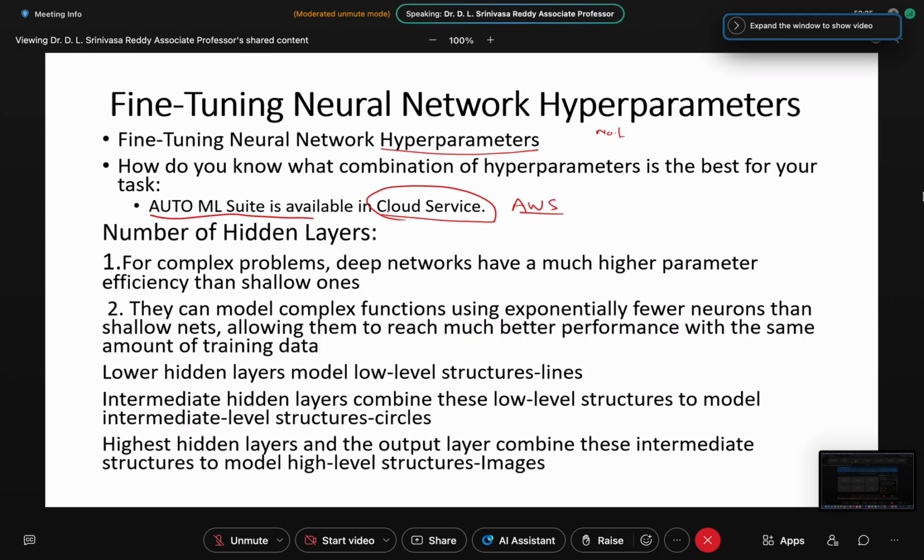So here there is no need for experimenting. If you use this AutoML, you have to pay some money. That AutoML tunes these models using hyperparameter combinations. In preparing a dish, chicken biryani, I told you that the first time salt is increased, second time decreased, third time moderated.